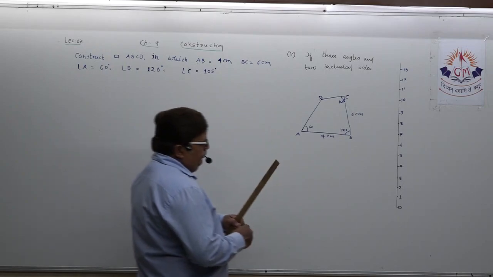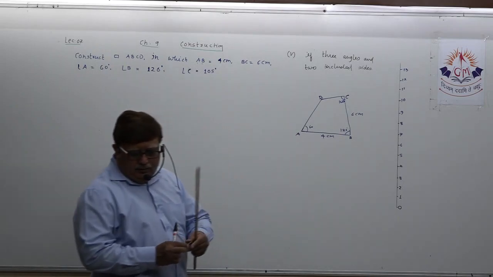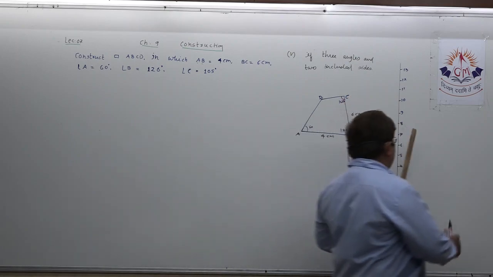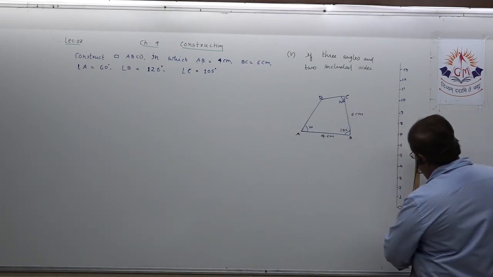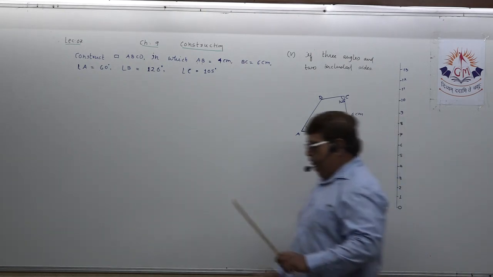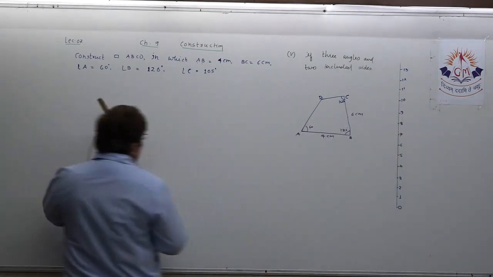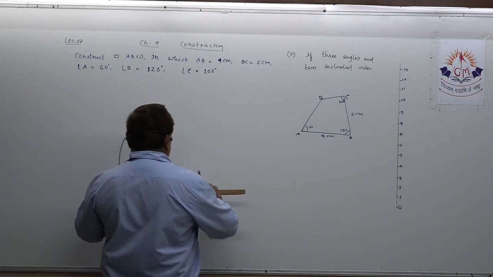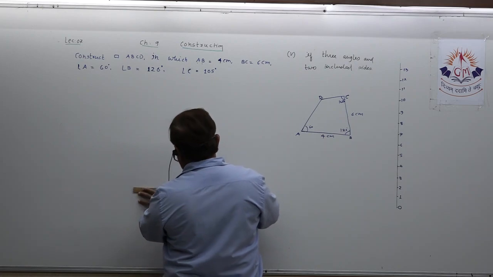What is AB? As you all know, 4 centimeters. So see here dear student, I have my ruler where this is 4 centimeter. So let me make a line of 4 centimeter.